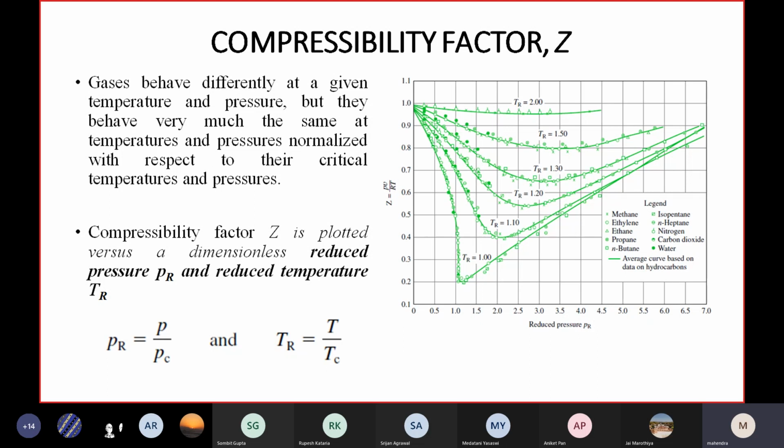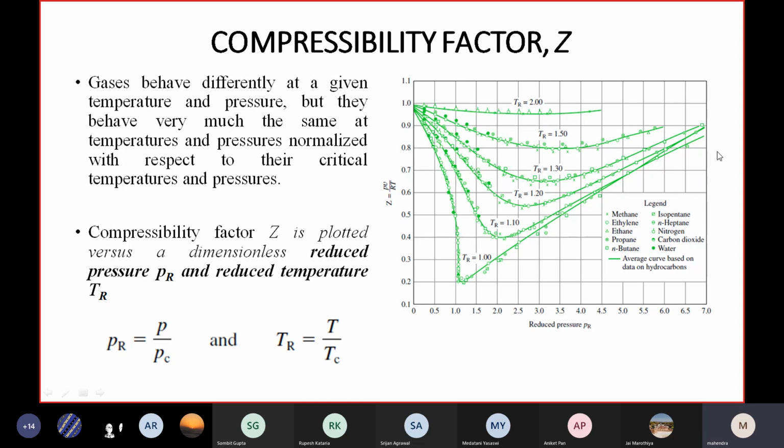What are we doing over here? The operating pressure is divided by the critical pressure of that gas, and the operating temperature is divided by the critical temperature of that gas. That way we can include all gases over here.